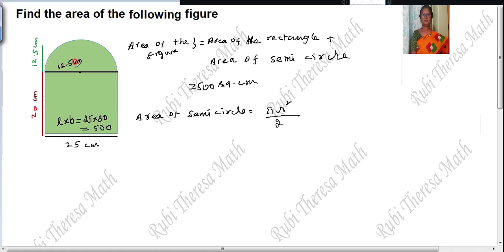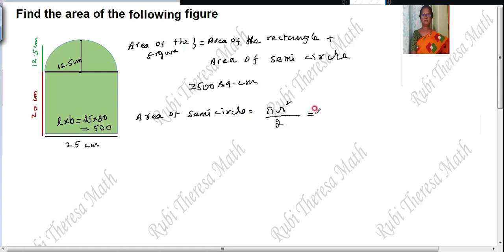I have done it just for your verification. Some students may not know why they give it like this. If you draw the line here, you can know. This is the radius. They have measured the radius and given it outside. So 12.5 is the radius.